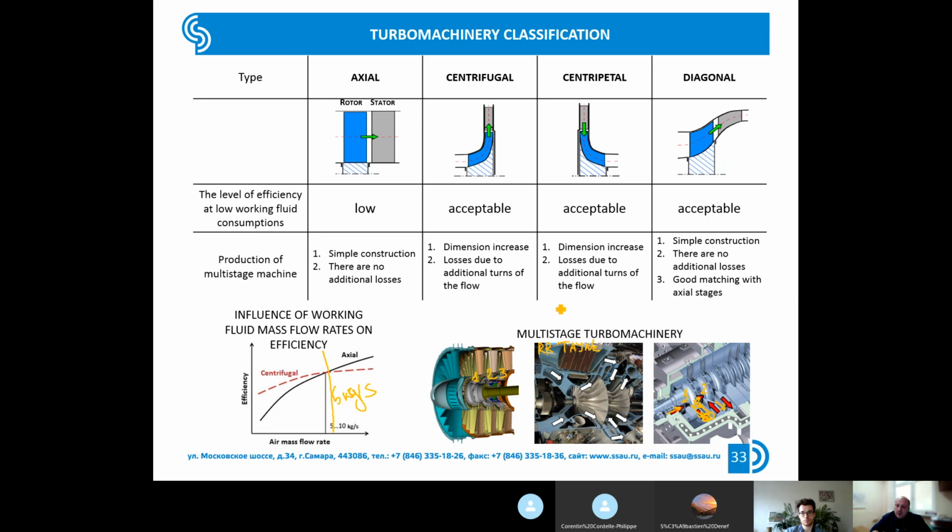For example, in our engine museum, you could find the GTE 1000 engine for the tank, and when you come to Samara, you will find this engine, and you could look at how multi-stage centrifugal compressors look.